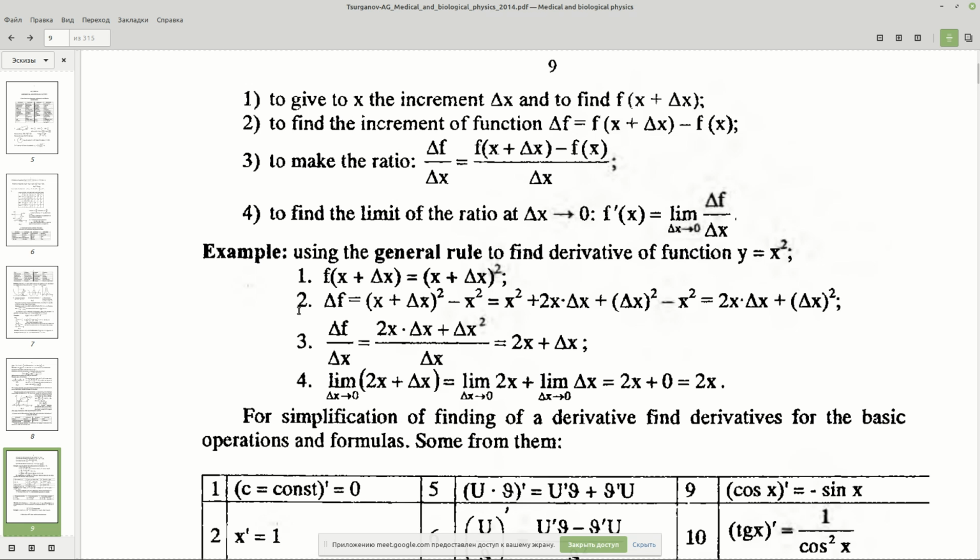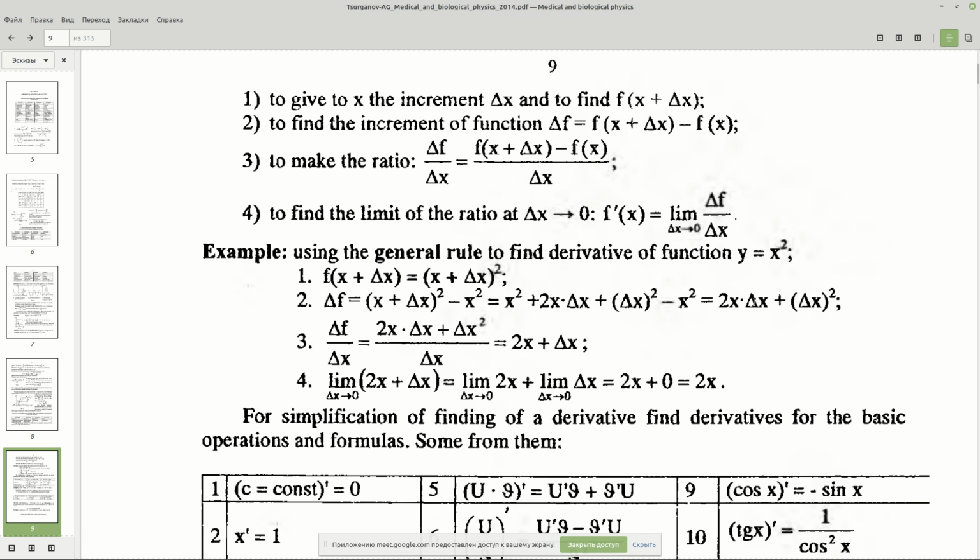Expanding the square of the sum and transforming, we receive 2x times delta x plus delta x squared, and x squared is cancelled.